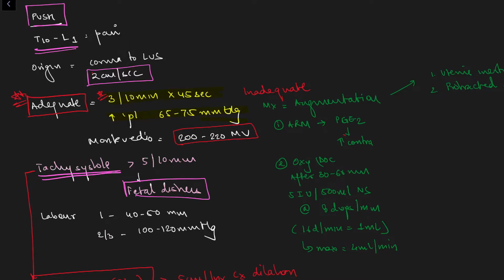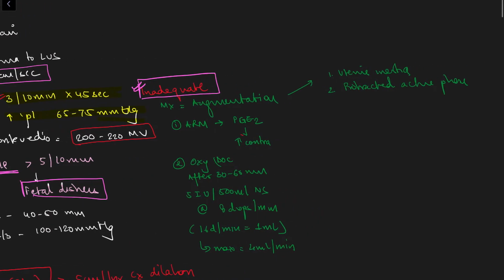Now, if the contraction is inadequate, how will we manage? We will do augmentation of labor, which is increasing the frequency, and it can be done by ARM, artificial rupture of membranes, which leads to release of PGE2 that increases the contraction. If it is not happening, then we give oxytocin, which is the drug of choice, after 30 to 60 minutes.